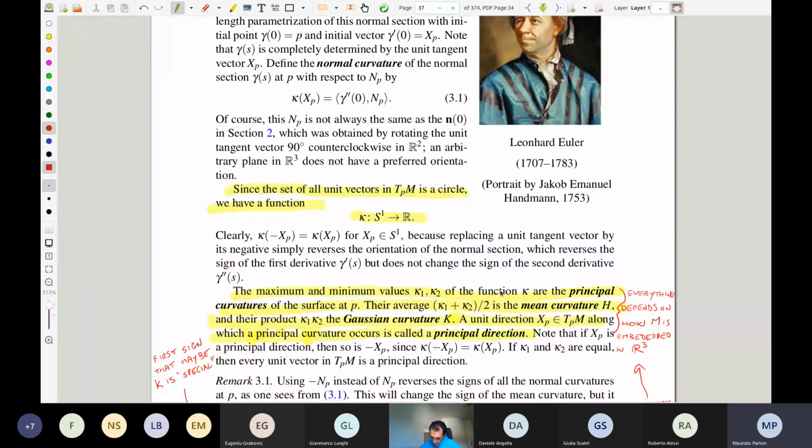Okay. But Maurizio, sorry, what happens if I have an R3 surface embedded in R4 with 3 values of curvatures? You have the eigenvalues of a certain operator that we will define later, and I have 3 curvatures.